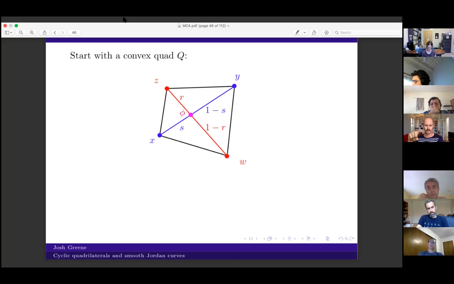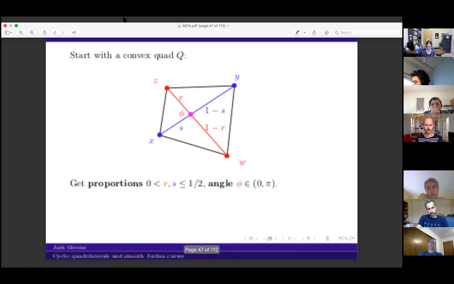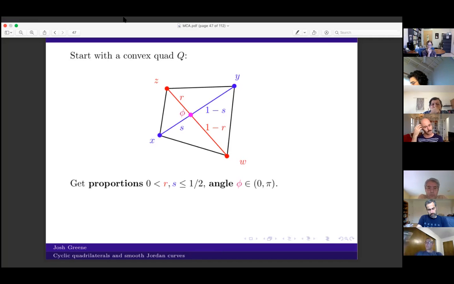So those diagonals are not length 1. Those are the proportions into which they cut one another. If I have a convex quadrilateral, I can record 2 values between 0 and 1/2, which record the proportions into which the diagonals are cut, and then this angle phi between 0 and pi, that's the angle at which those diagonals meet.